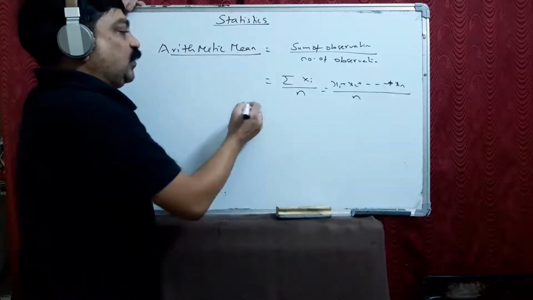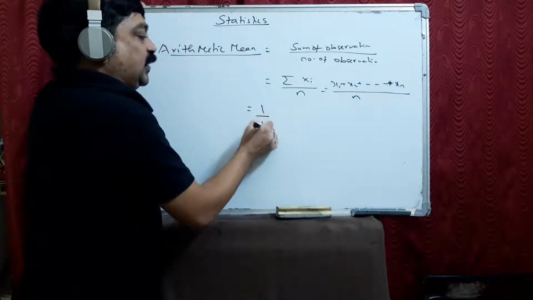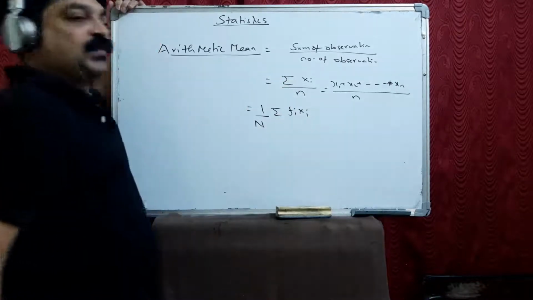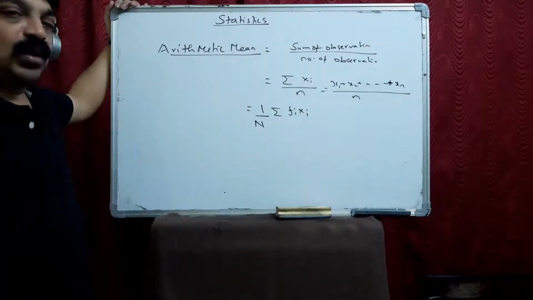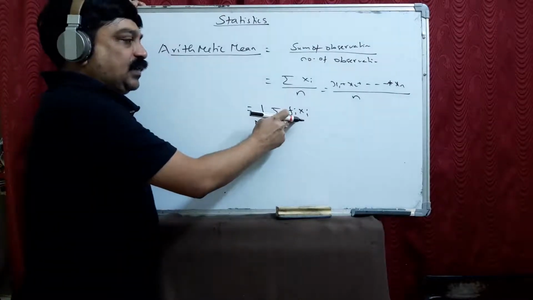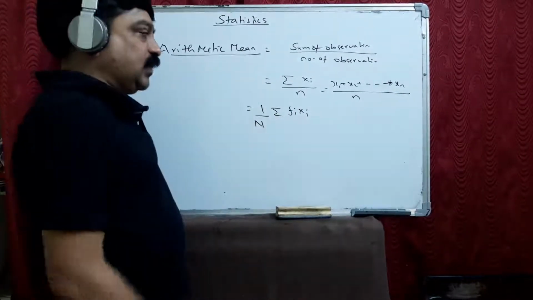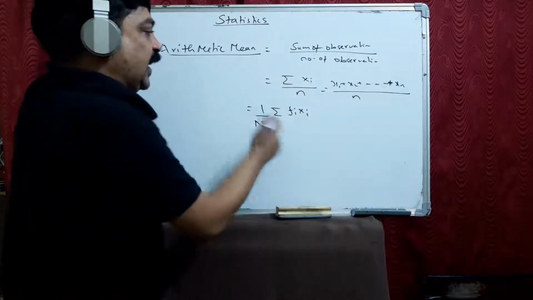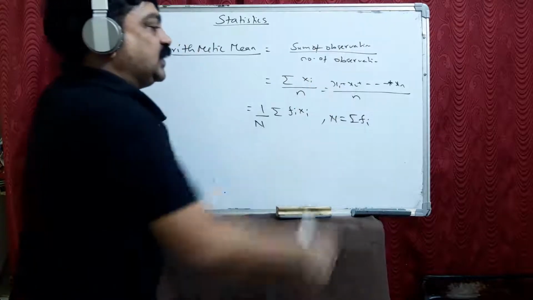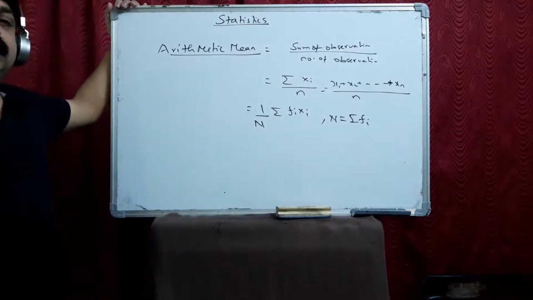Actually the basic formula is 1 by capital N sigma fi xi. When we do the problems, you can understand all these things. f is the frequencies, x is the observations, and capital N is the sum of all the frequencies.